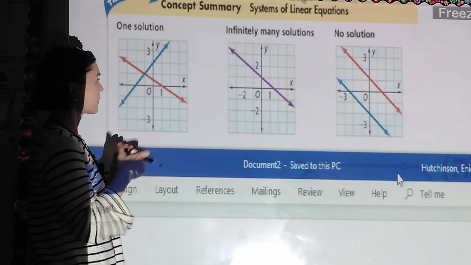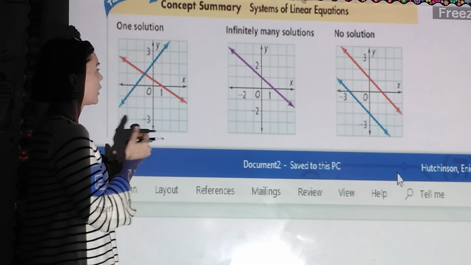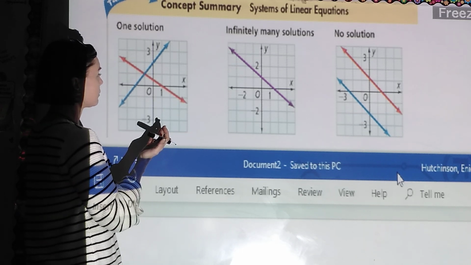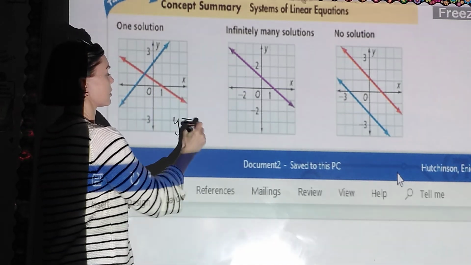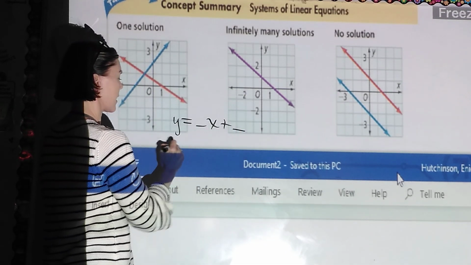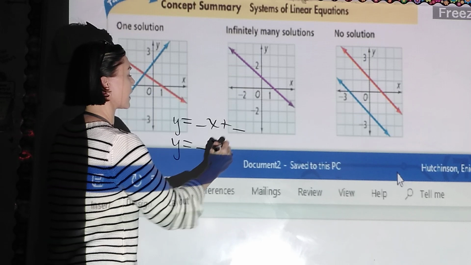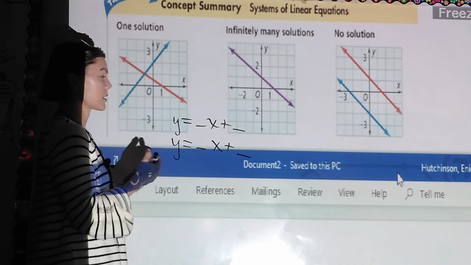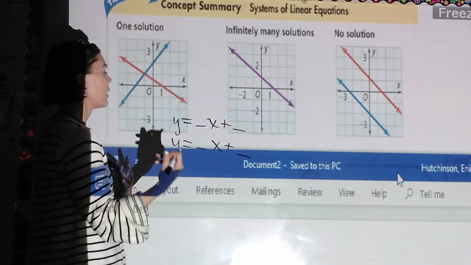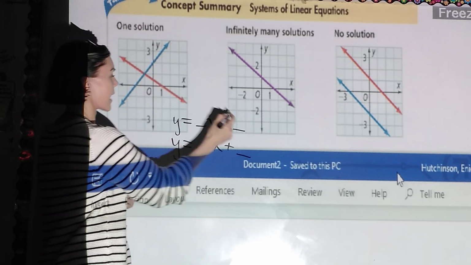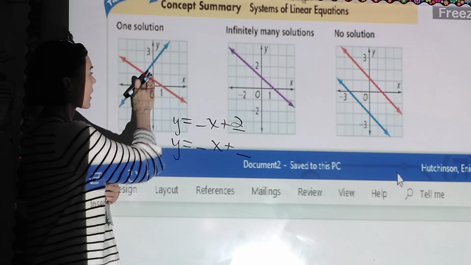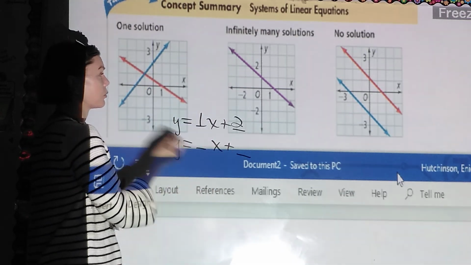So, for example, the blue line here is y equals blank x plus blank, and then I'll do the red line. The equation of the blue line is that it crosses the y-axis at a positive 2, and our slope is a positive 1.